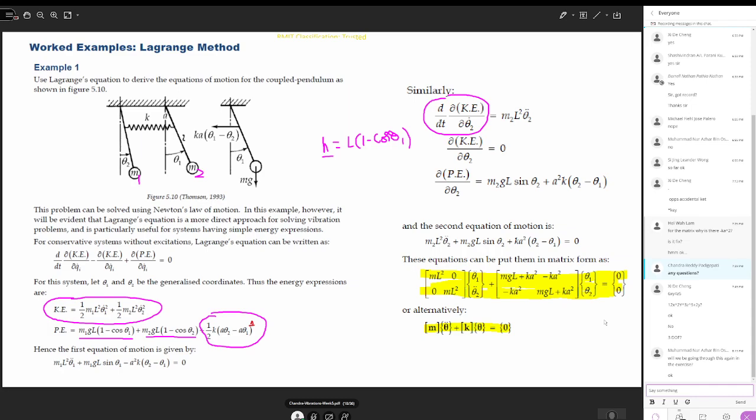The first term will give you 0 because it has no theta 2 dot. If you take theta 2 dot square, it becomes 2 into theta 2 dot, so the 2 will get cancelled. The partial derivative gives only this portion, m2 L square theta 2 dot.